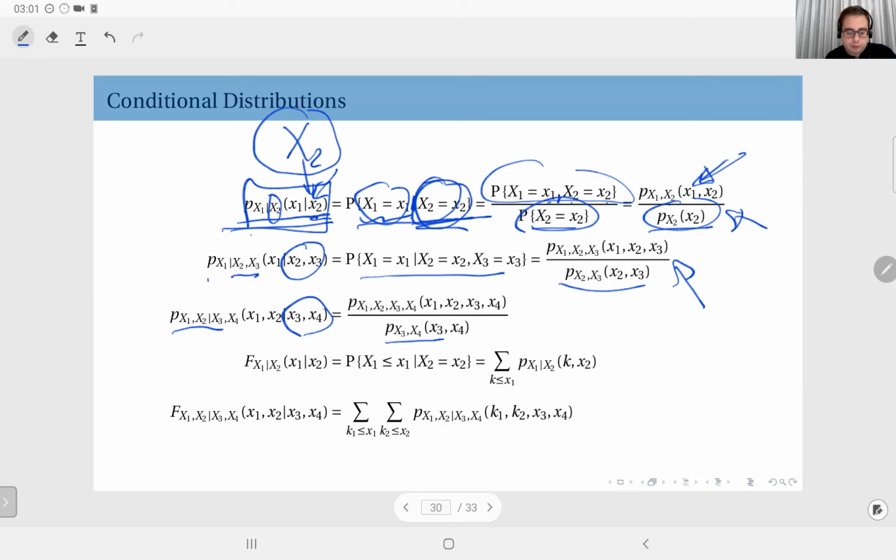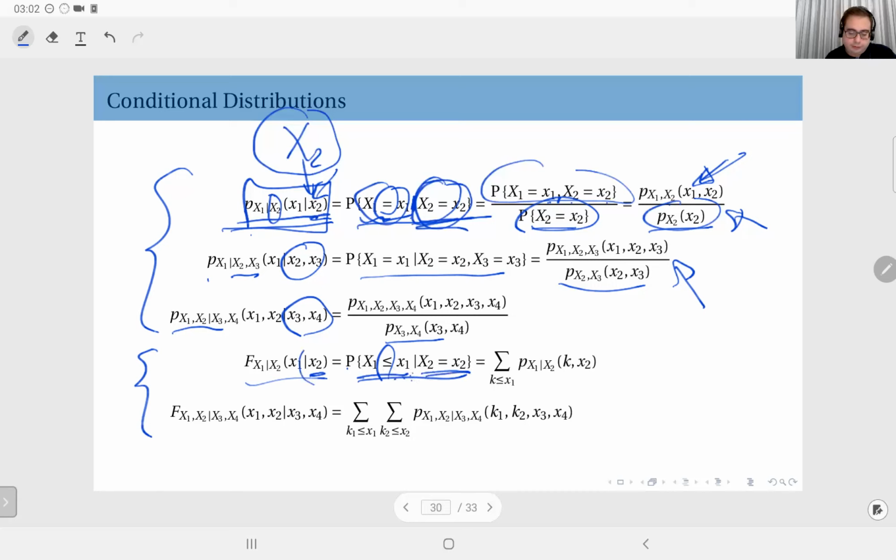And these are conditional PMFs, and conditional CDFs are quite similar. If we have discrete distributions, by definition, instead of the equality in the PMF, we have an inequality here, a less than or equal to relationship. So the conditional CDF of x1 given the value of x2 is equal to, by definition, the probability of the event x1 less than or equal to parameter x1 given the value of x2.